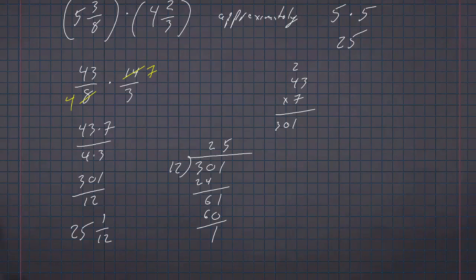The remainder is 1/12. By rounding and approximating, 5 3/8 times 4 2/3 is approximately 25, and we could do that in our head. Working through the arithmetic to get the exact value, we get that the exact value is 25 1/12.